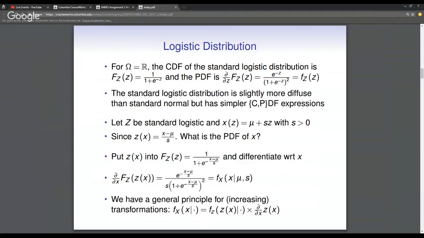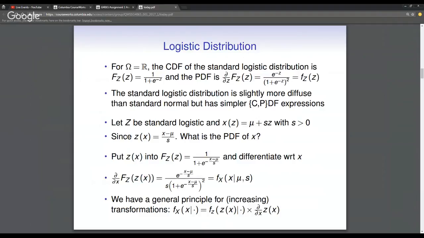If we expand that into 2 steps with the chain rule, we know that if we differentiate the CDF with respect to z, we get, if we differentiate a CDF with respect to its random variable, we get a PDF. So we differentiate this expression involving z of x with respect to x.